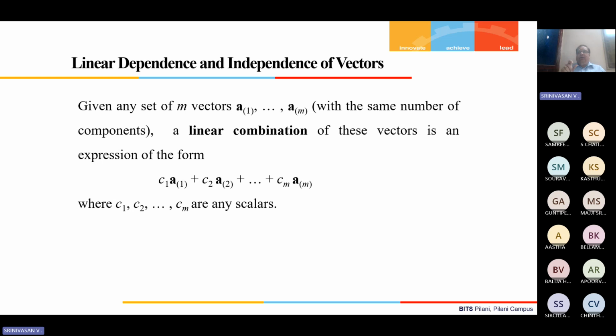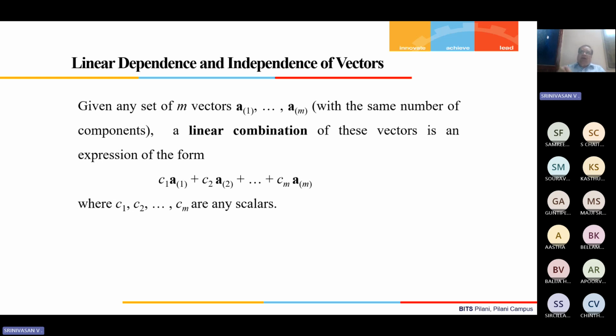A linear combination of these vectors is an expression of the form: the vectors themselves can be summed up using scalars as a combination. Such a combination is called a linear combination of these vectors. What is the form? C1A1 plus C2A2 plus etc. plus CmAm.